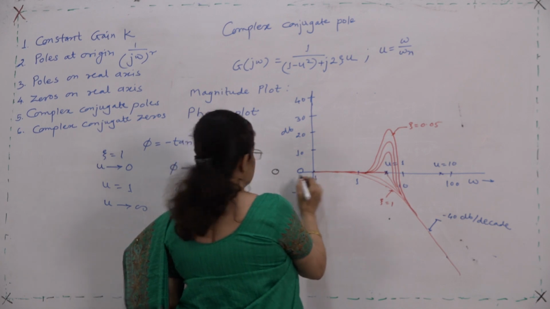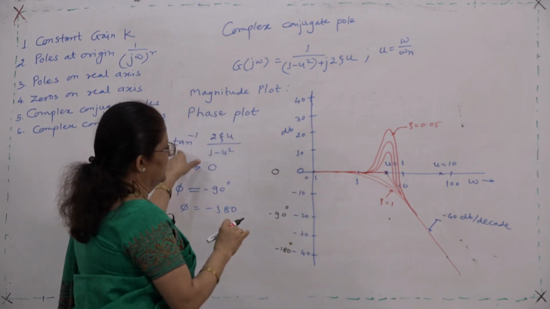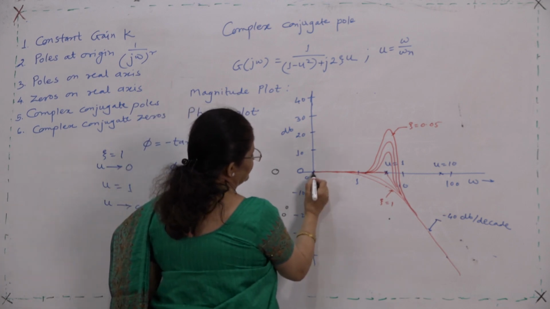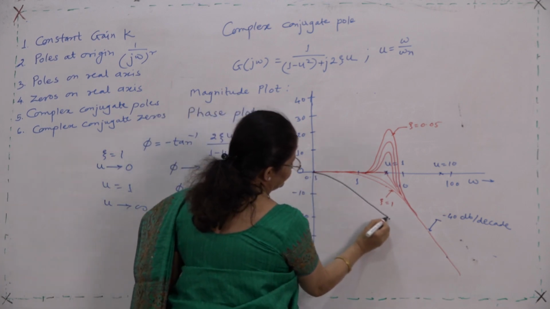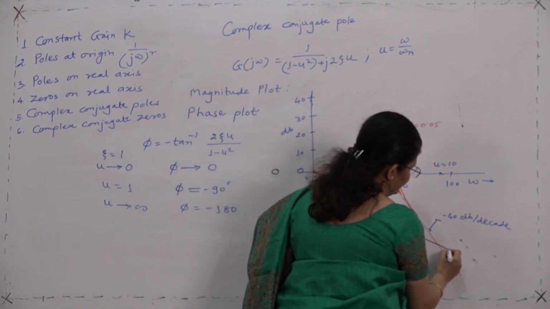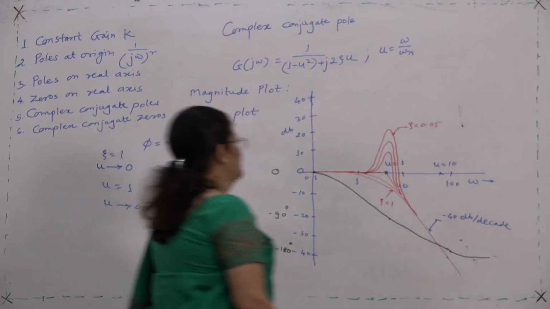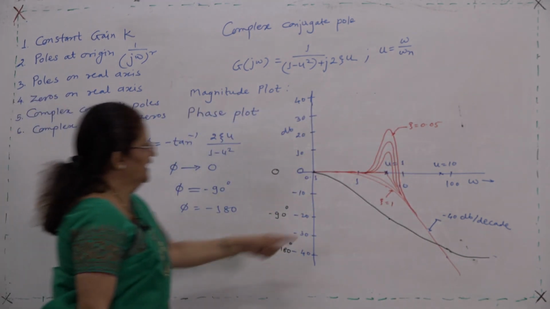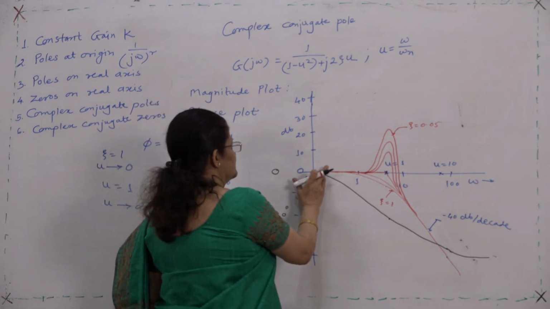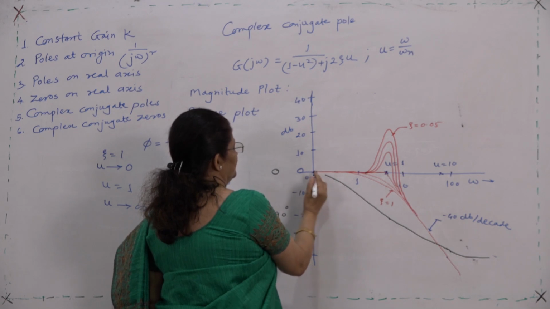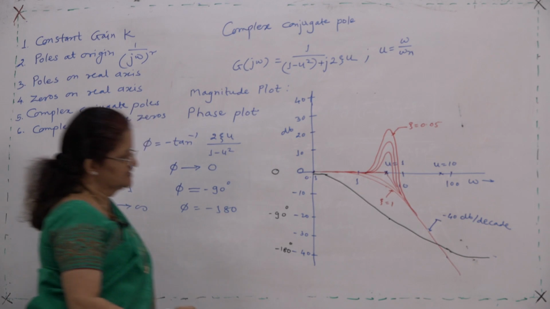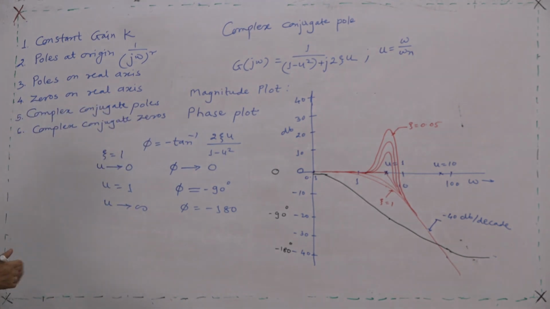Otherwise, it is going towards 0, and the function is tan inverse. So, not a straight line, but you will get the function somewhat like this. At u is equal to 1, it is minus 90 degrees, otherwise it is going towards 0, it is not 0, and we will get the plot like this.